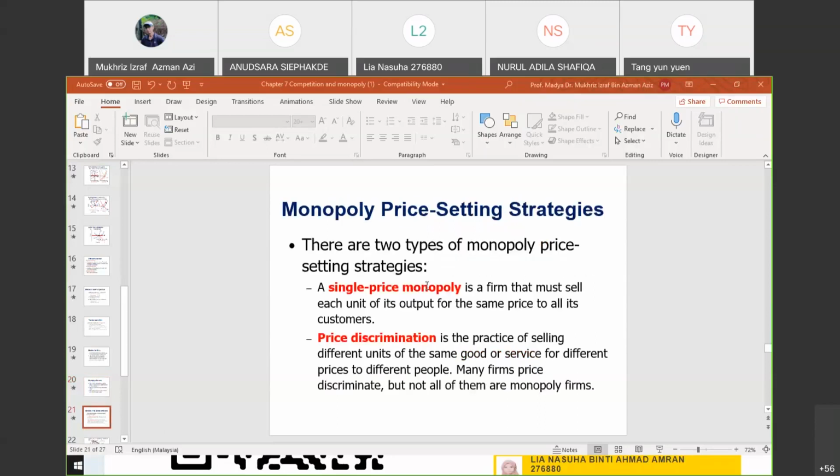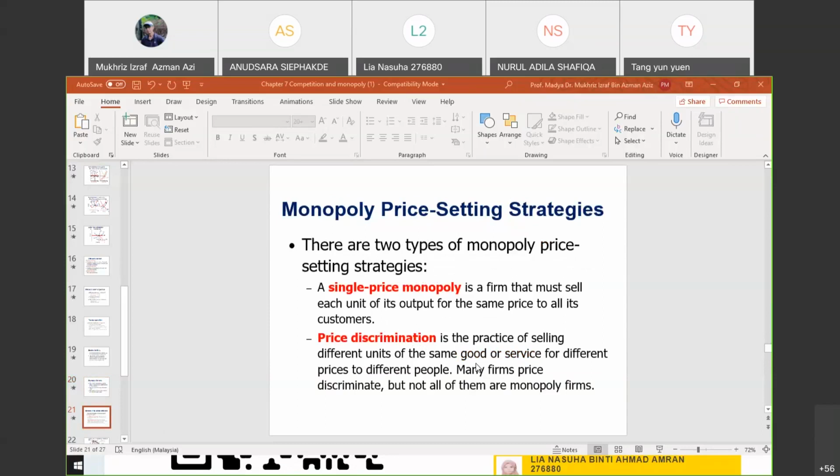Okay. So we're not going to discuss too much on these pricing strategies, whether it's price discrimination, but just on the surface, what is price discrimination? Price discrimination is selling the same good at different prices depending on the market.